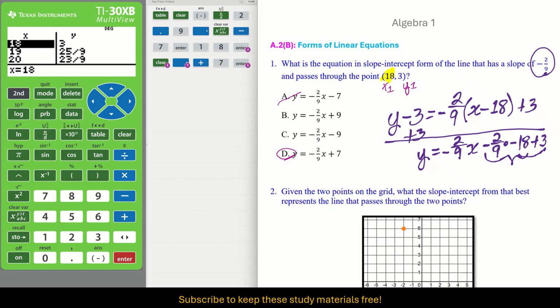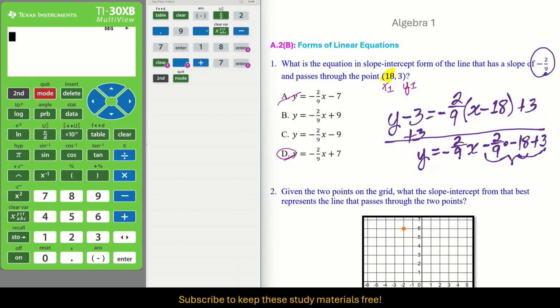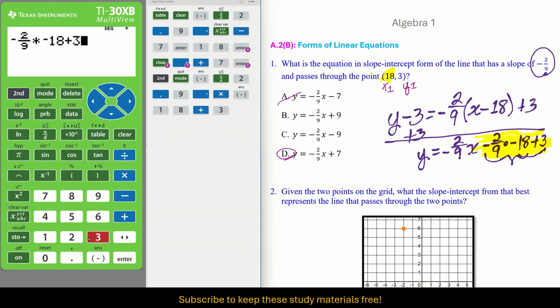Or we can go out to our clean slate and put in this whole back end that we have here and see if it all equals +7. So we have negative and then our fraction 2/9 times -18 and then +3.